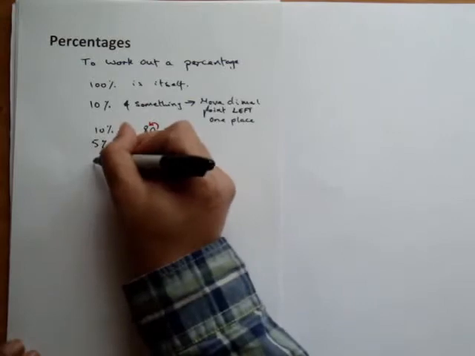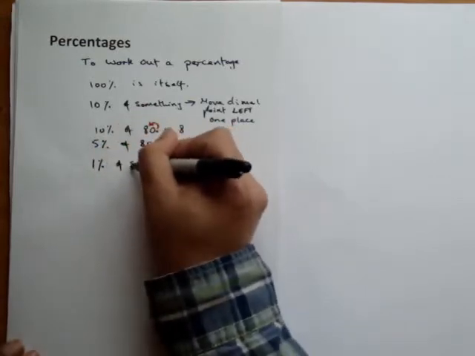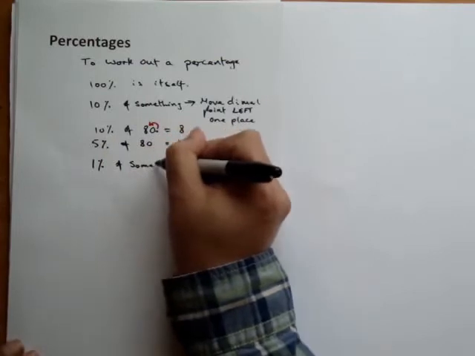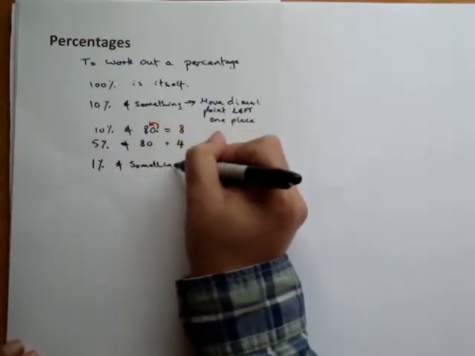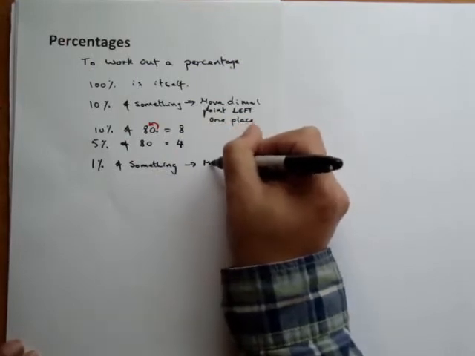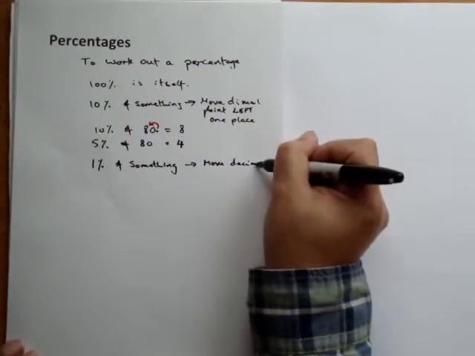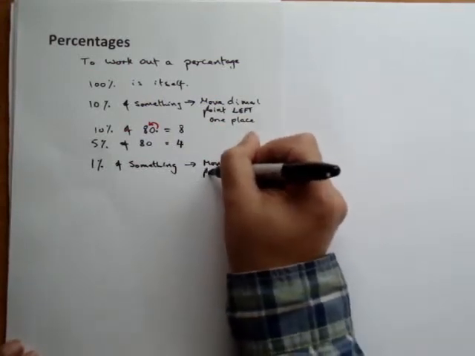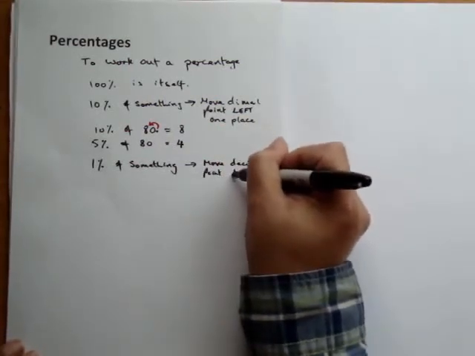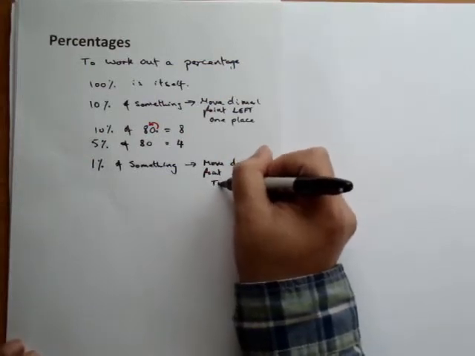Another one we need to know is 1% of something. We move the decimal point left 2 places.